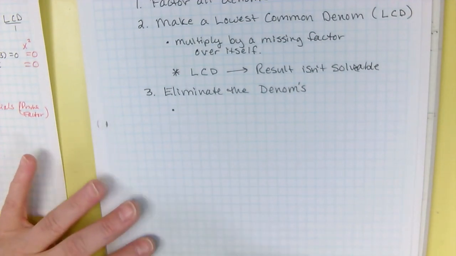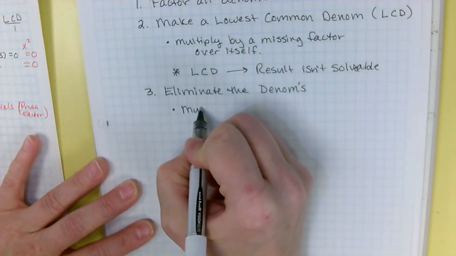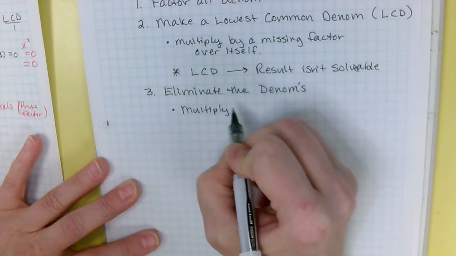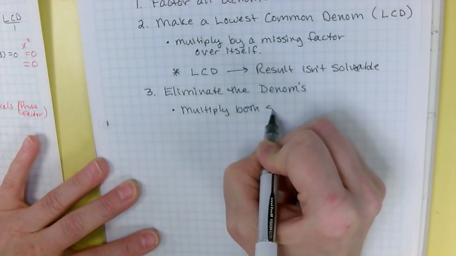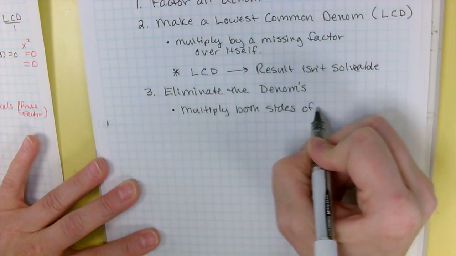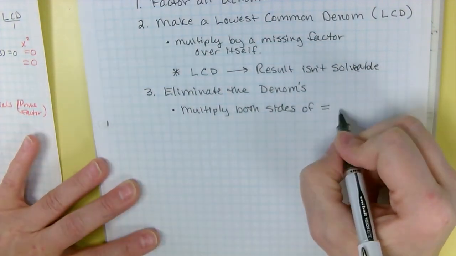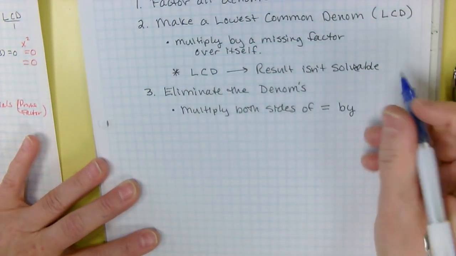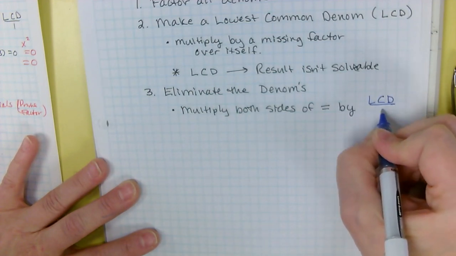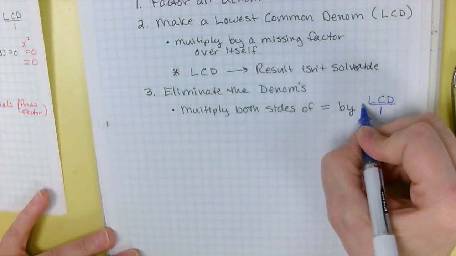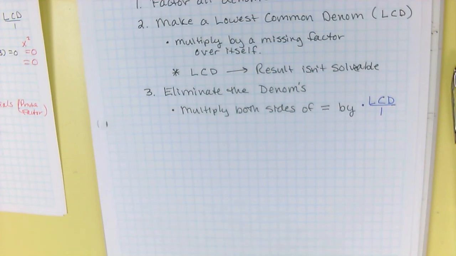You accomplish this by multiplying both sides of the equal sign by the lowest common denominator over 1. And that will eliminate them.